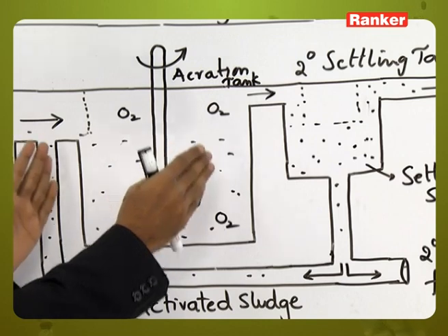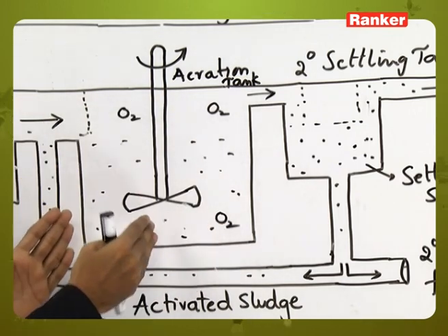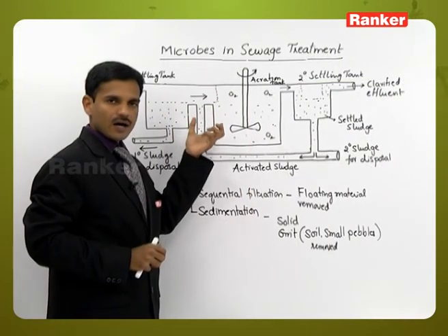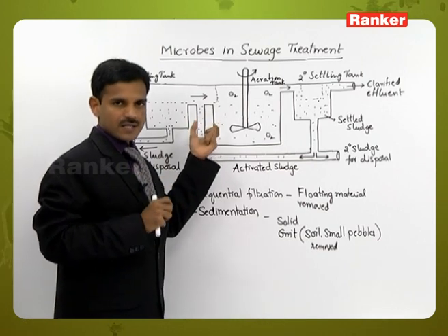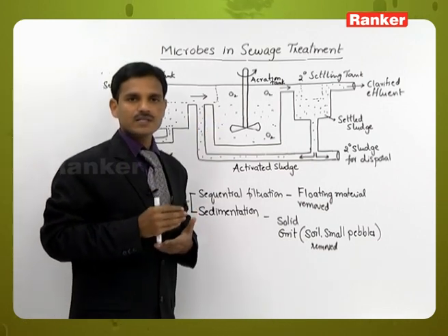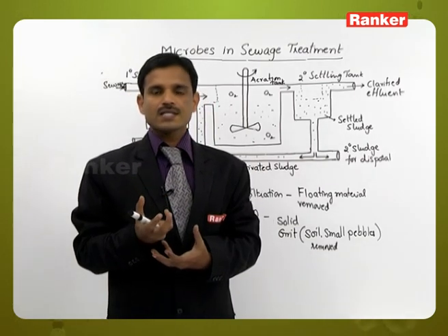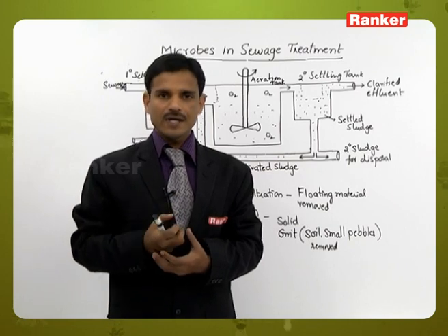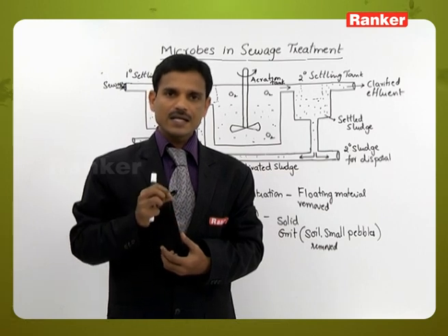In the presence of oxygen, the organic material is oxidized. If the organic material is oxidized, the water becomes less polluted. If it has more organic material, it is more polluted. If it has less organic material, it is less polluted.